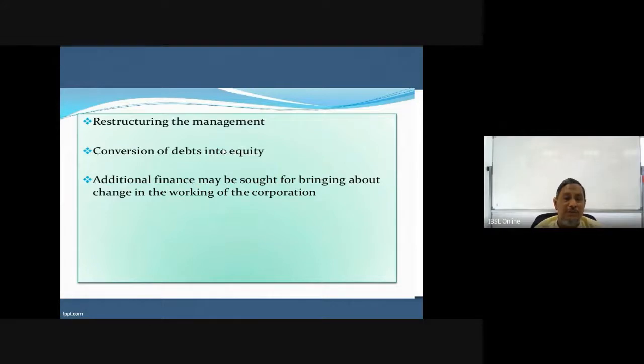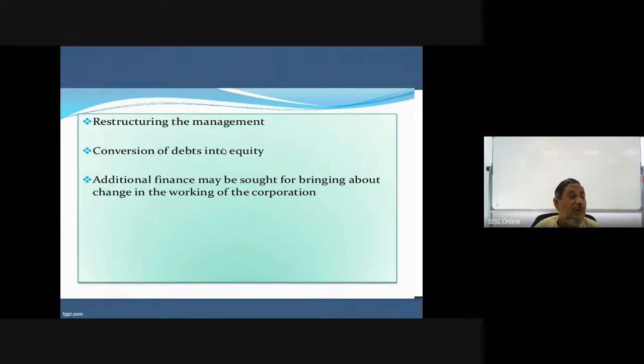Then the loan does not necessarily have to be paid because it is a part of the capital, and whatever profits are paid as dividends to the equity will be a benefit. This is another way of doing restructuring.